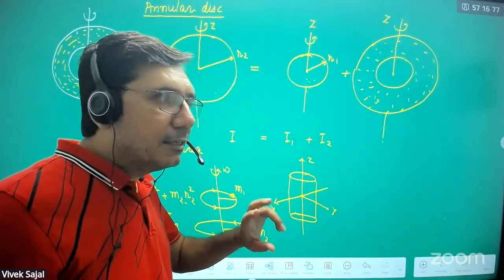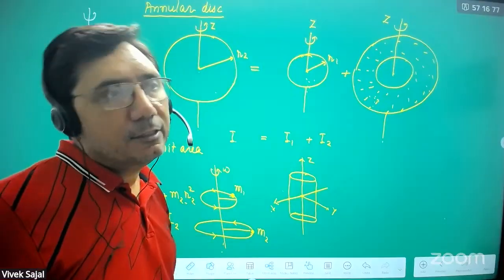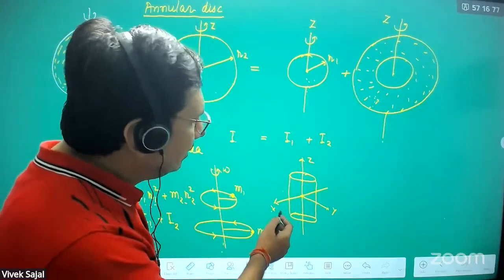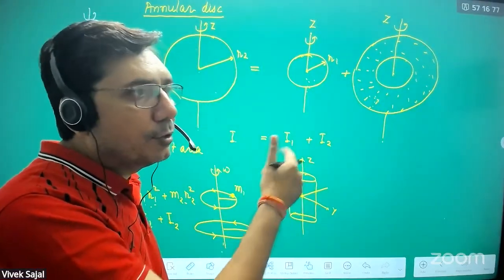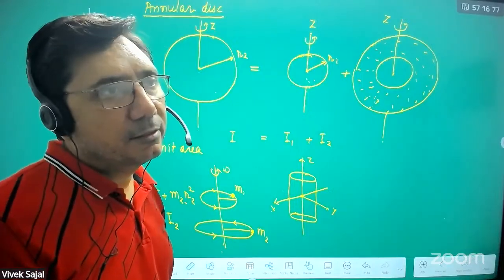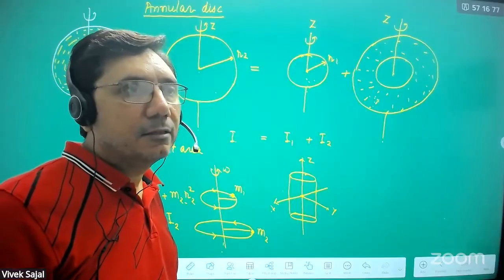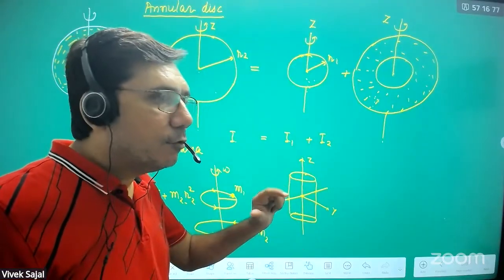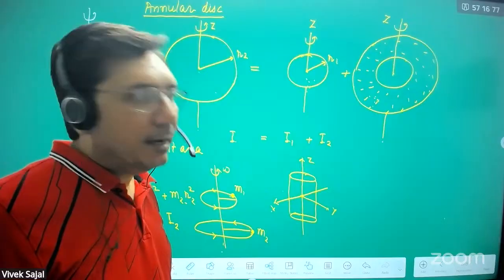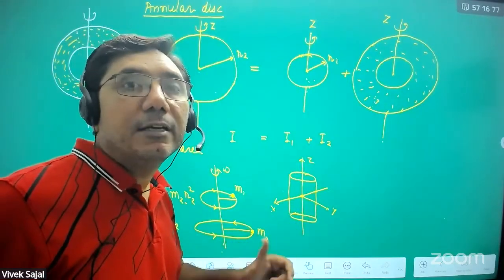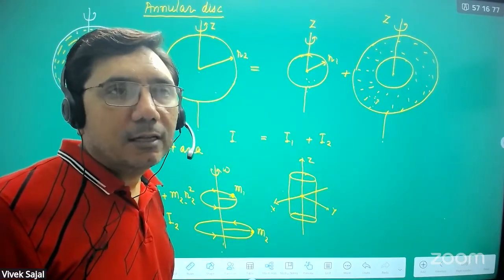But if it is translating as well as rotating, then all three axes are going to rotate if you are observing from the earth. Suppose I am observing the rotation of this cylinder from the earth. Then these axes are going to vary with time, and these axes are called the body axis system.